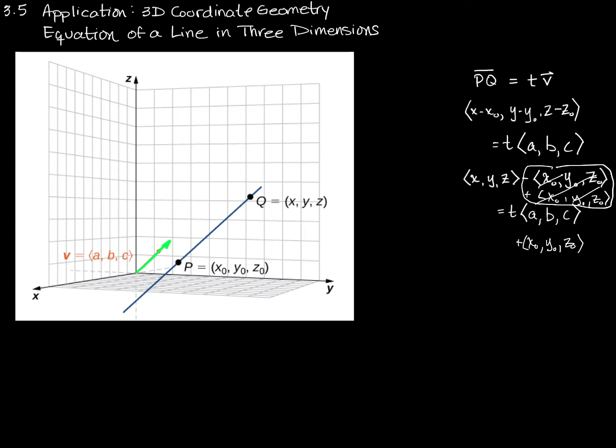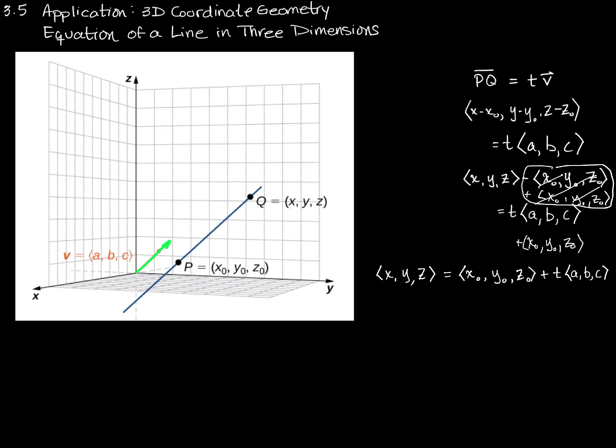So now I have the equation x, y, z equals, and I'm going to put this vector first, x naught, y naught, z naught plus t times the vector a, b, c.